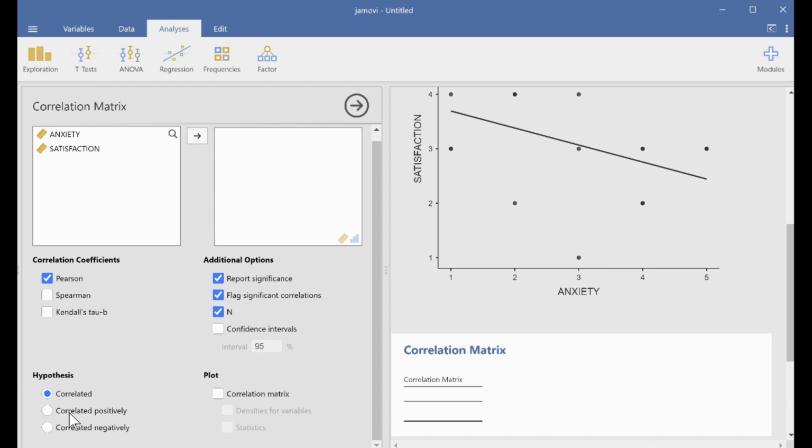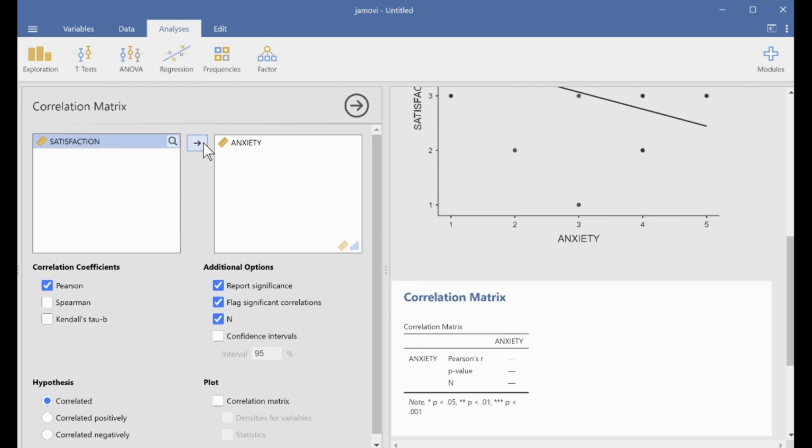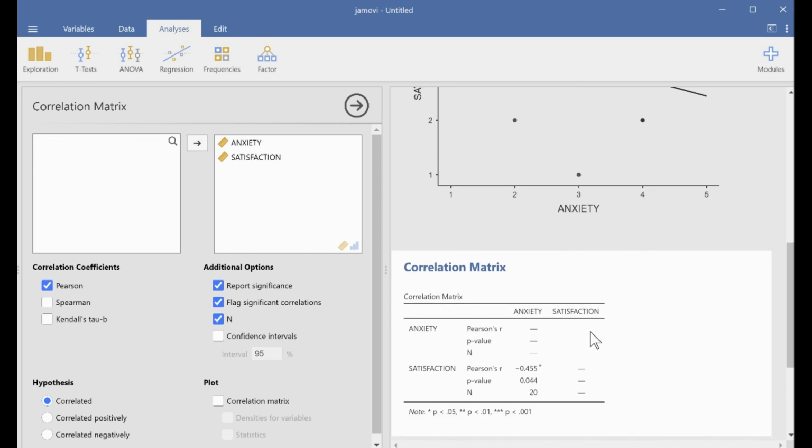If I did have a direction, if I did think it was positive or negative, I can see in the scatter plot that it is negative already. But I think my hypothesis in this case, I don't really know what anxiety is doing to satisfaction. Okay, let's move anxiety into my variables box and satisfaction into my variables box.